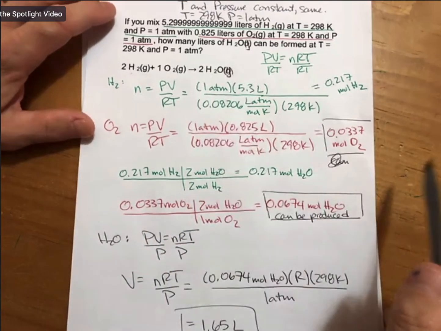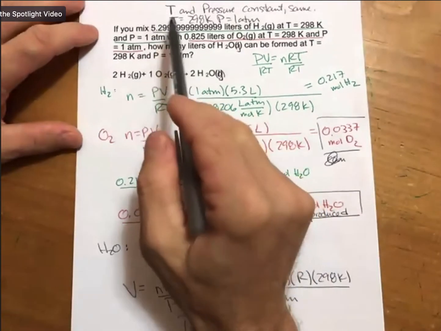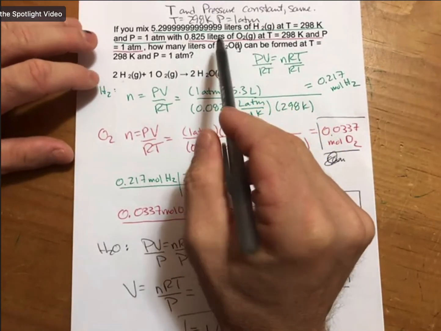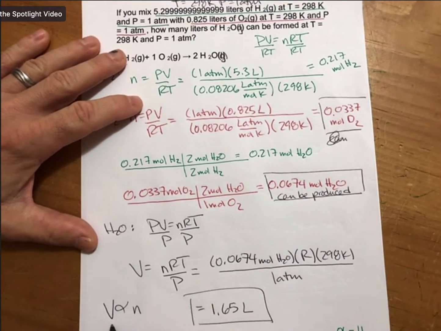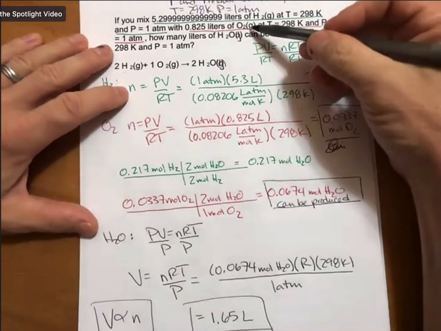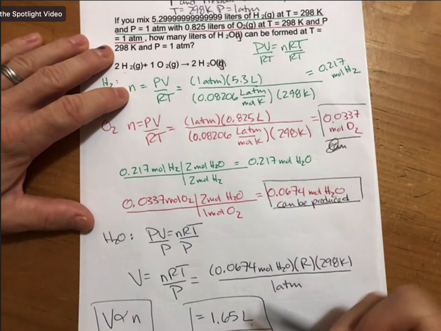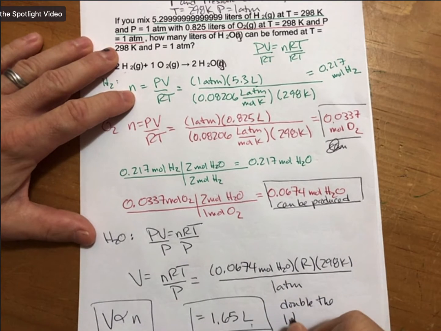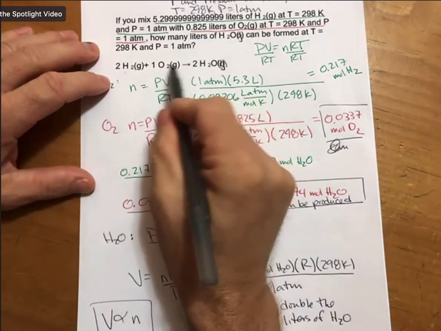So first off, this is a beautiful way to solve this. If temperature and pressure are constant for the entire problem, then volume is proportional to moles. And you can see that because oxygen was my limiting reactant, I get double the liters of H2O because there's a 1:2 ratio here.